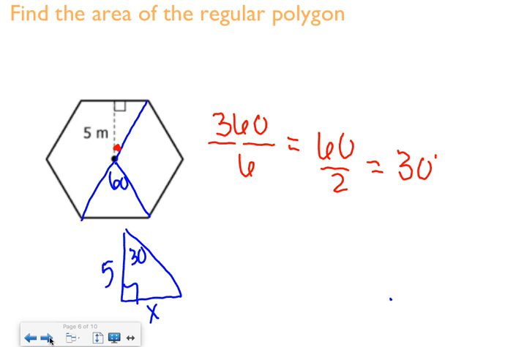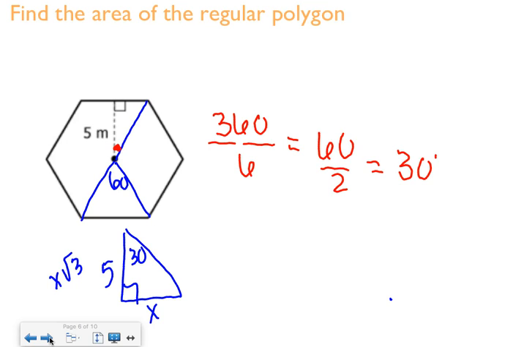Okay. How would I find x? Divide by square root 3, because it's your long. This is x root 3, right? So what's 5 divided by root 3? We want decimals today.